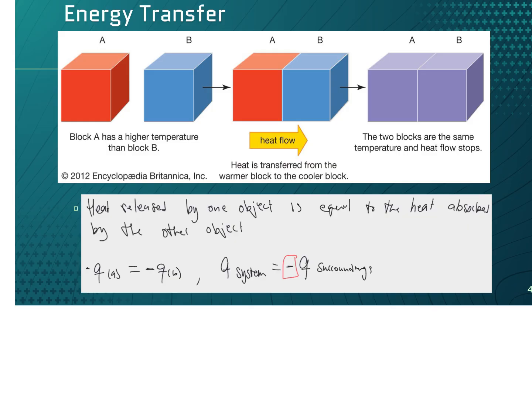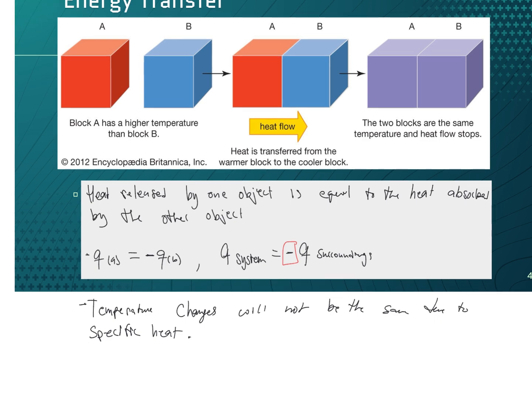Now, one important thing that we need to keep in mind is that temperature changes will not be the same due to something called specific heat, which we'll talk a lot more about in our next video. But the specific heat of a particular object is going to determine how much the temperature actually changes, right?